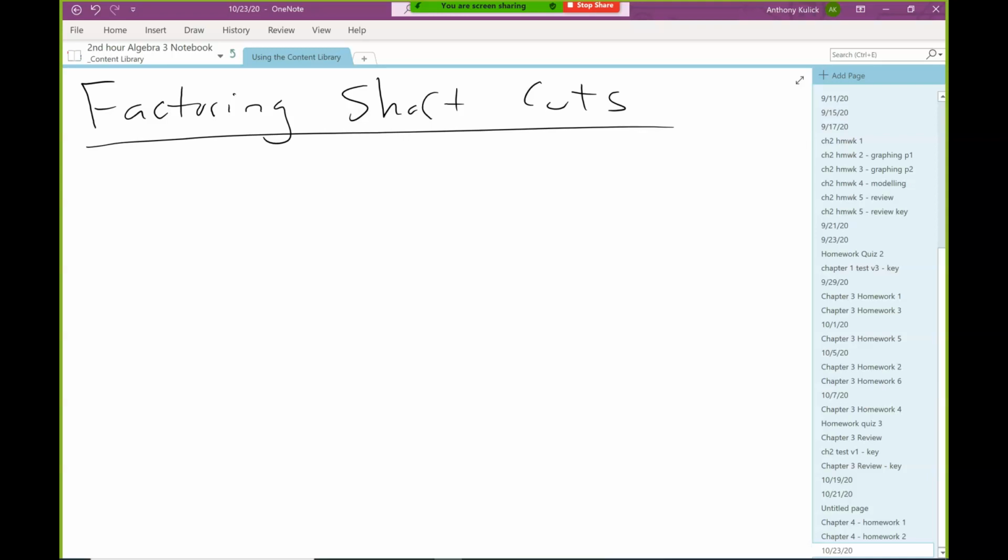Cool, right? So the first situation is the one that Alexis was mentioning earlier. That situation is where the leading coefficient is 1.